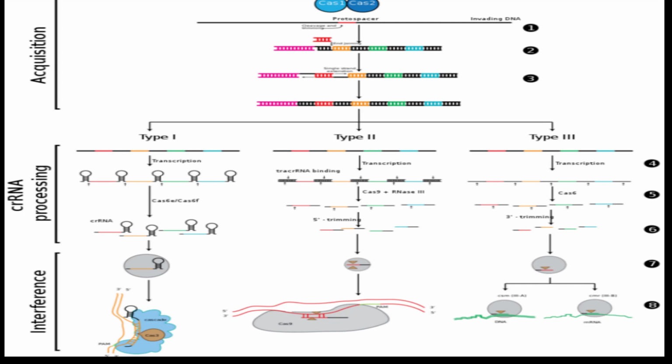However, type 3 systems don't require a PAM for successful degradation. In type 3A systems, base pairing occurs between the crRNA and mRNA, while in type 3B systems, the DNA is targeted instead. Overall, these stages of CRISPR immunity are crucial for bacteria and archaea to protect themselves from harmful invaders.